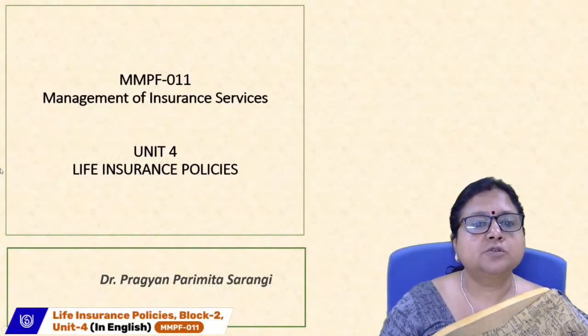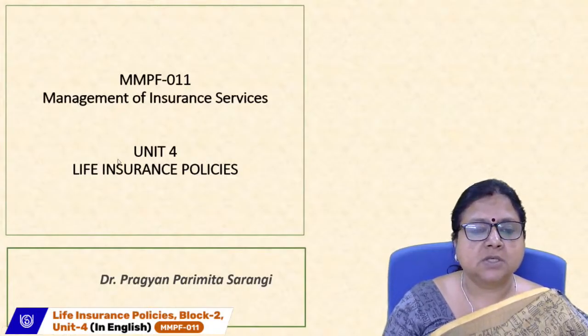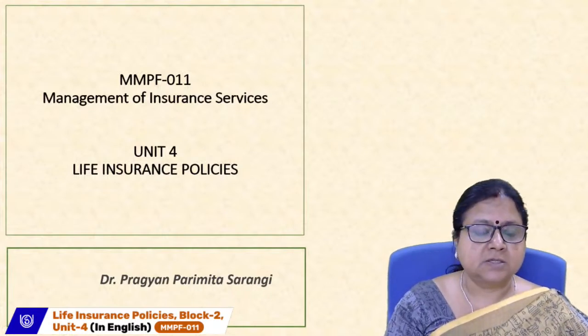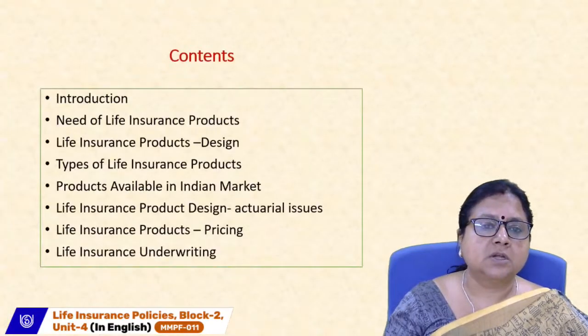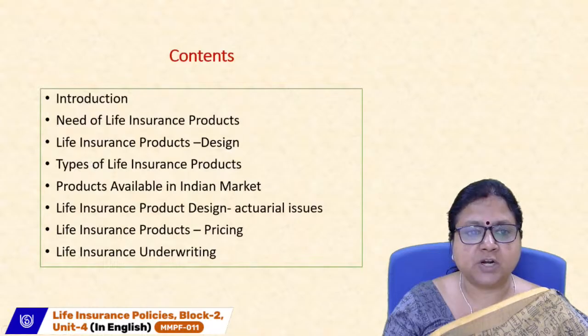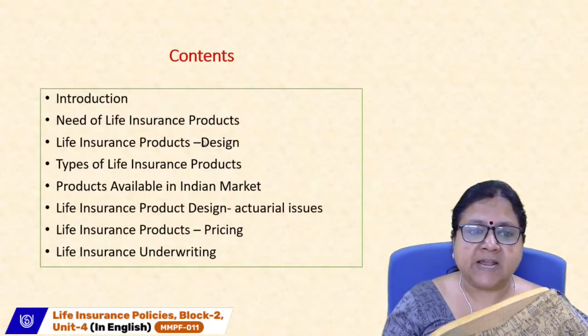Let us now move on to Unit 4 of the paper Management of Insurance Services. Unit 4 will cover life insurance policies, and within this, we will understand the need for life insurance products and how life insurance products are designed.